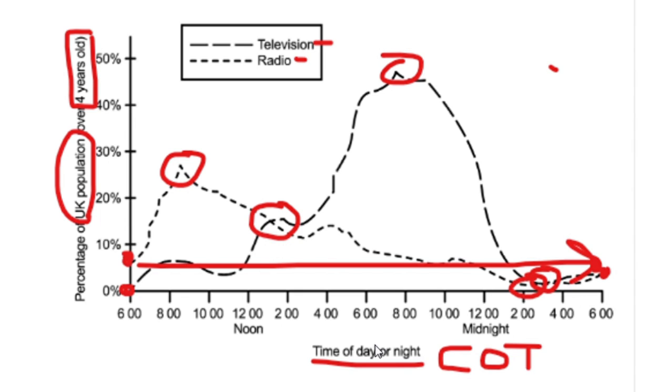But there are two other trends which are interesting. So we have a trend in the radio listeners which peaks early in the morning and then descends or drops throughout the rest of the day.